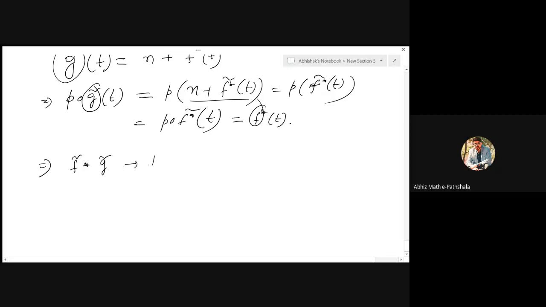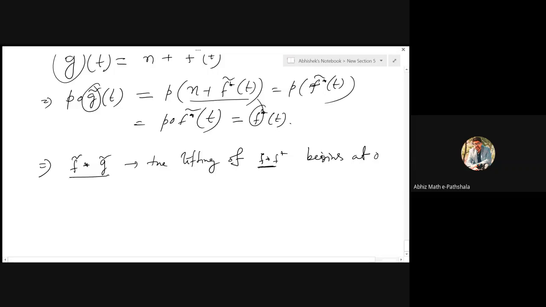This will be the lifting of the product of f and f star which begins at 0, since f of 0 is b naught.